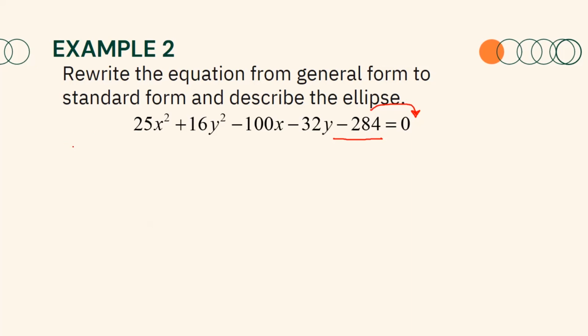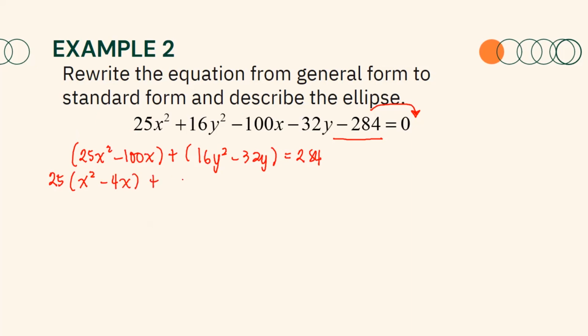Therefore, we will have 25x² minus 100x plus 16y² minus 32y equals 284. Next, factor out the numerical coefficients of x² and y². So we will have 25(x² minus 4x) plus 16(y² minus 2y) equals 284.